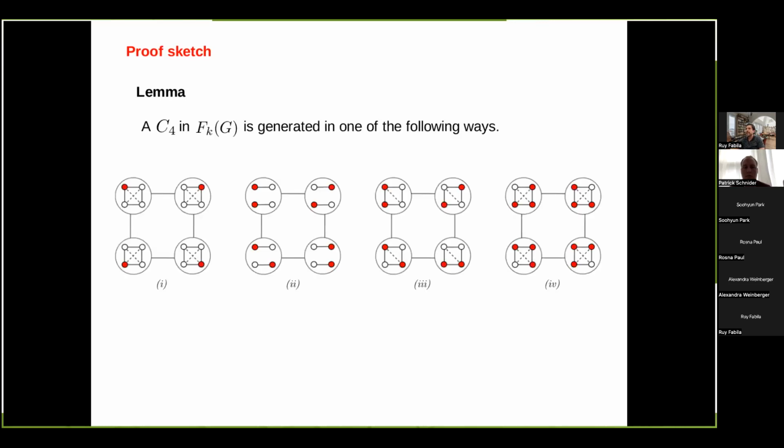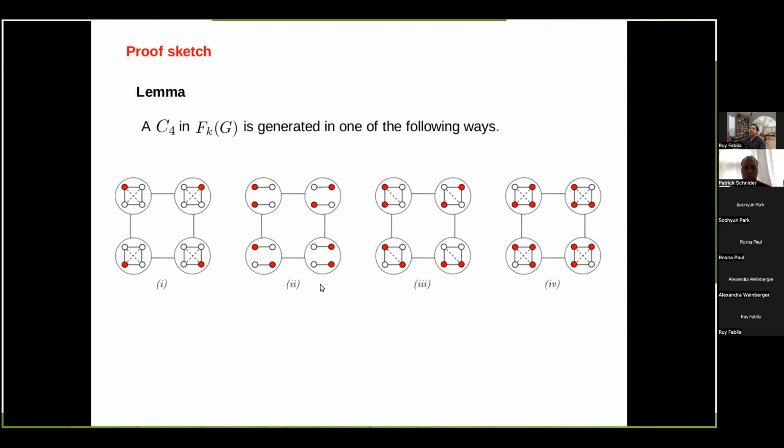So the idea is as follows. First you have to consider how C4s are generated in the token graph. It turns out that by case analysis, you can prove that there are exactly 4 ways in which you can generate a 4 cycle in the token graph.